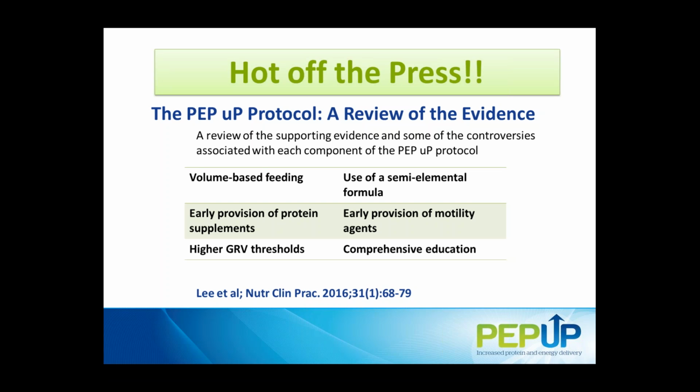So when you're having conversations with your nurses and physicians, it's a quick reference guide. When your physician says, why would we provide motility agents right away, you can flip to this review article, get to the references to support that component of the PEP UP protocol, and have a good conversation.